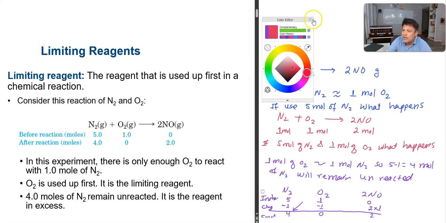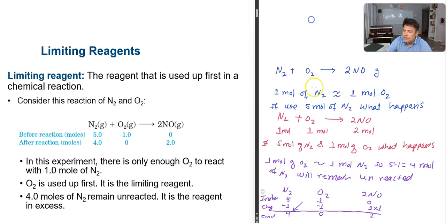This is 0; everything finished. That's why this is said to be the limiting, and this is said to be the excess. Okay, whatever is completely consumed is the limiting, and whatever is left behind is said to be the excess.